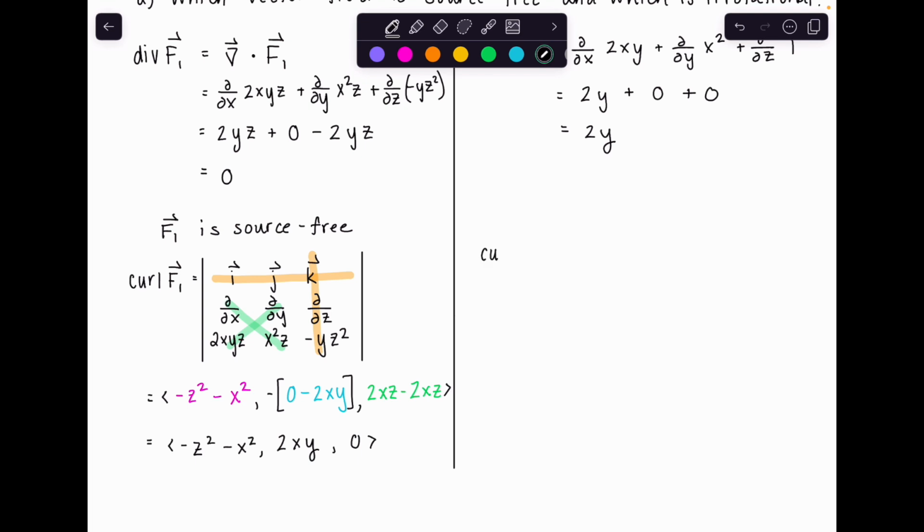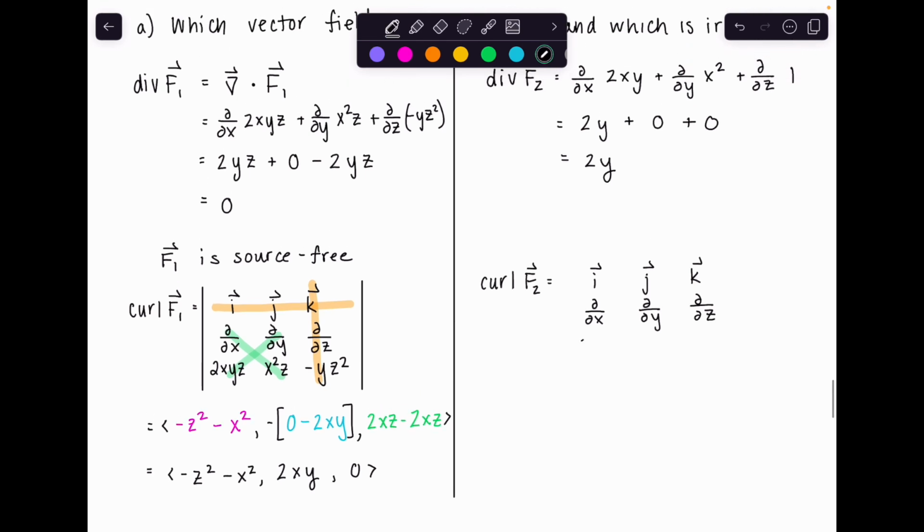If I go ahead and calculate the curl of this vector field, doing the same thing, ijk, our del operator, and then plugging in that vector field, which is 2xy, x squared, and 1.